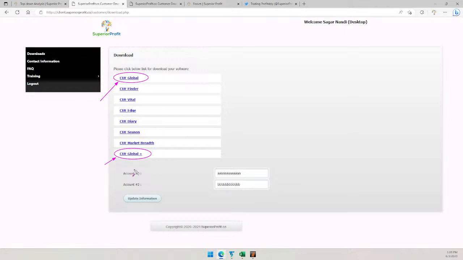And if you are having Q Global Plus, the Q Global Plus momentum signals, you need to download only this. You do not need to download Q Global. And if you don't have the momentum signals, you will probably not see Q Global Plus on your download page. You may then download only Q Global. So again, if you see Q Global Plus, download that. If not, just download Q Global.